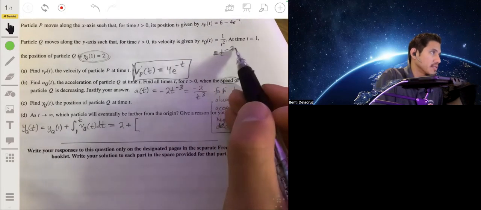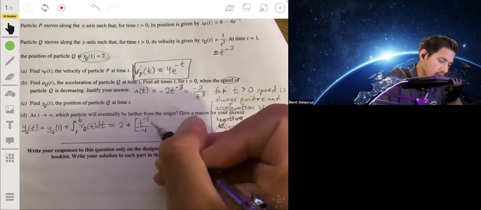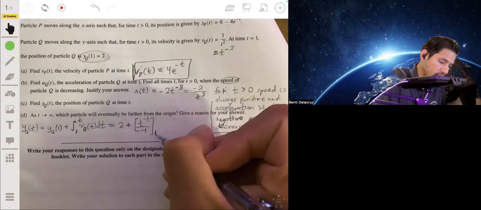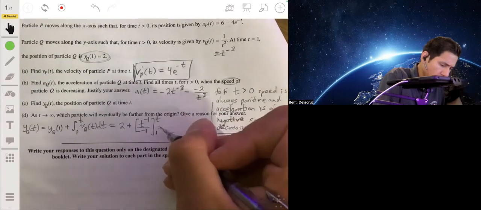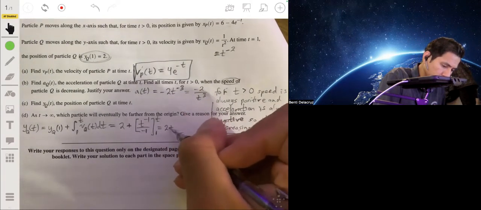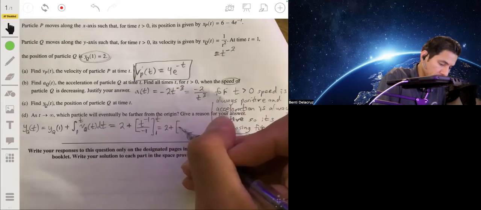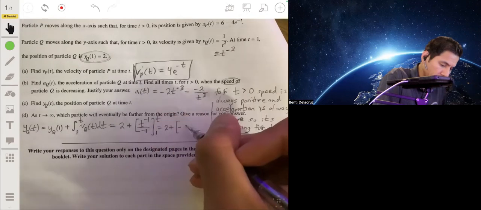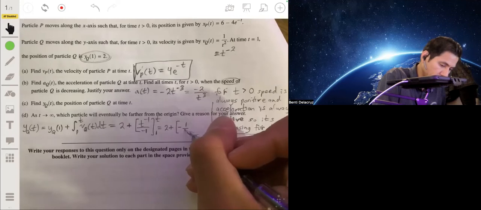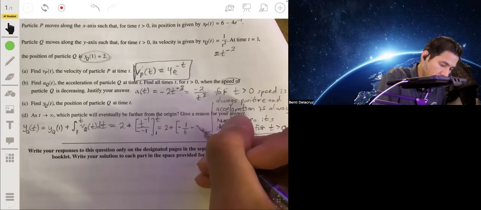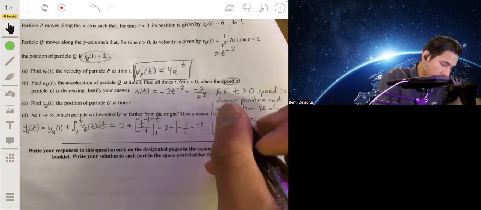To integrate this, we just do the antiderivative, so that'll be t to the negative 1 over negative 1, going from 1 to t. And that'll be 2 plus, let's make sure I don't mess this up, negative 1 over t, plugging that t in, minus negative 1 over 1.